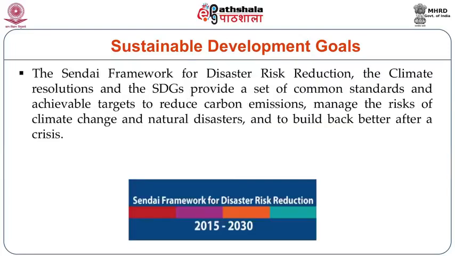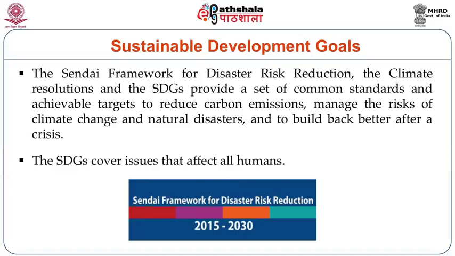The Sendai Framework for Disaster Risk Reduction, the Climate Resolutions and the Sustainable Development Goals provide a set of common standards and achievable targets to reduce carbon emissions, to manage the risk of climate change and also natural disasters, and to have a better comeback after a crisis. Now, Sustainable Development Goals cover issues that affect all humans and even the environment, and is a very important aspect that one needs to look into.